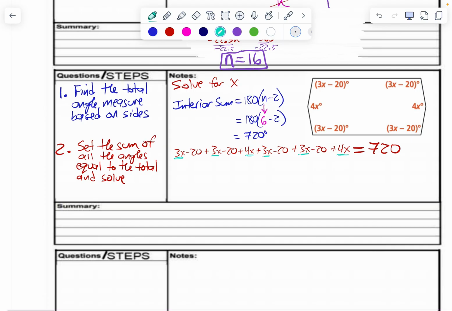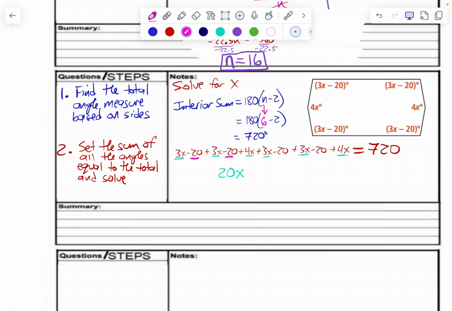So 3x is 6x, plus 4x is 10x, and then plus 3x is 13, another 3x is 16, and another 4 is 20. So we have 20x. And then all these numbers, let's use a different color. Negative 20 minus 20 is negative 40.